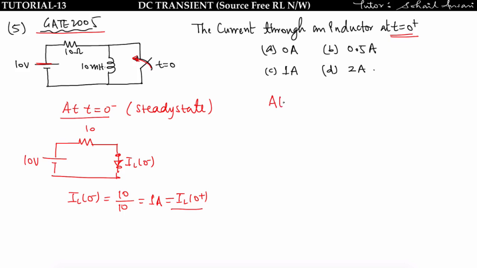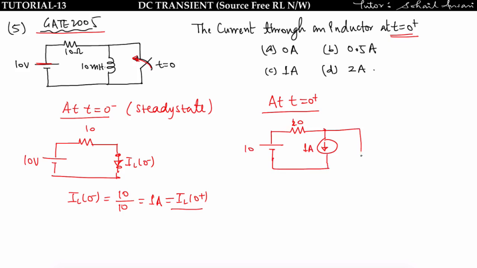Now draw the circuit at t = 0 plus. At t = 0 plus, this inductor can be replaced by a current source whose value is equal to 1 ampere. This switch is closed, meaning the wire is shorted.